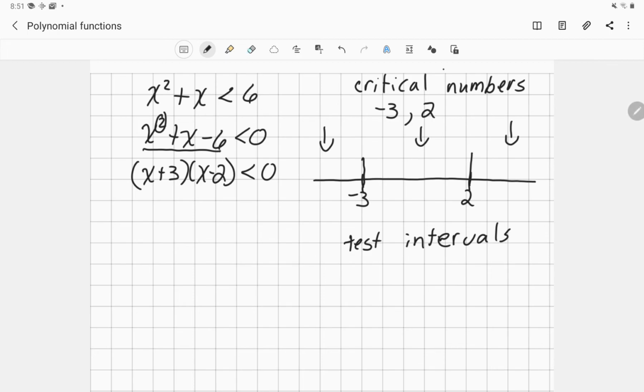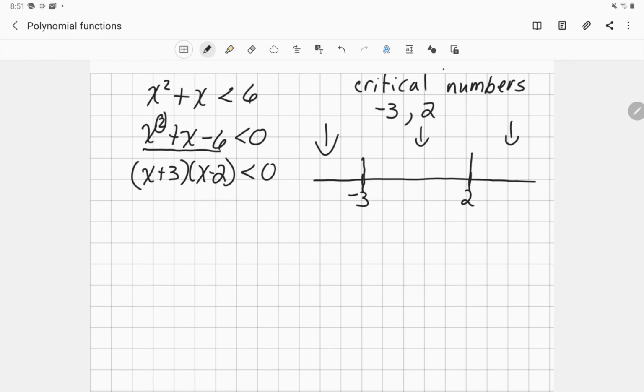All it means is we're going to choose a number that falls in each of those sections, and we're going to test it, putting it back into the original equation or the one I factored, and we're going to see if it makes the math sentence true. If one number in that test interval is true, then all the numbers in that section are true.